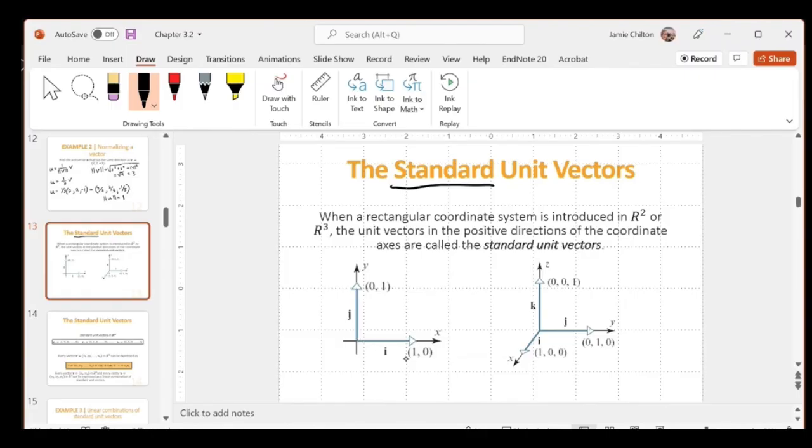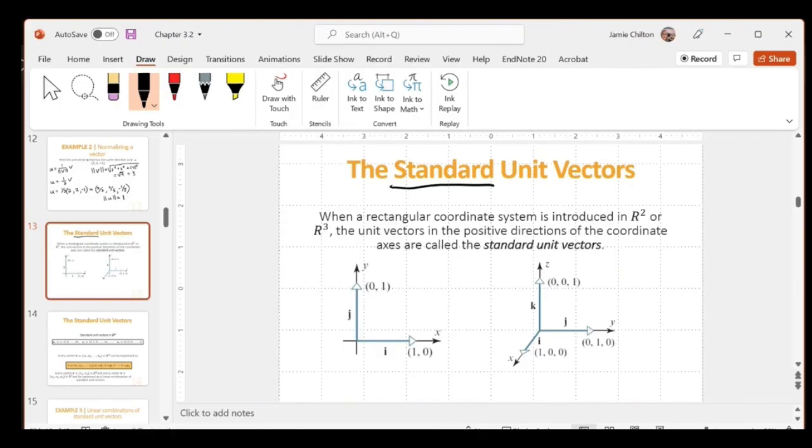If you're only dealing in 2 dimensions, a lot of times they're going to use the letters i and j to describe the standard unit vectors for the x and y axes. Here for i, that's the standard unit vector in the x direction. Here we have it for the y direction. This component is going to be 0, 1, where now you have the 1 in the y component position, and it's represented by j.